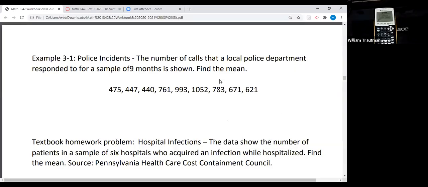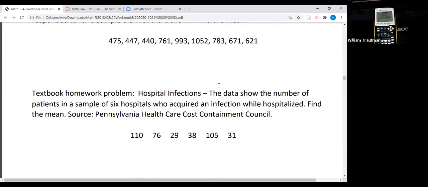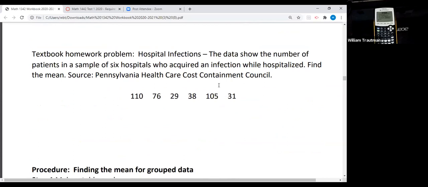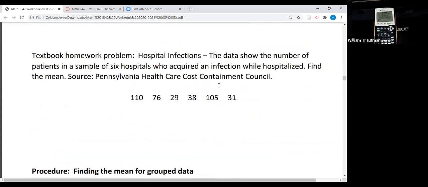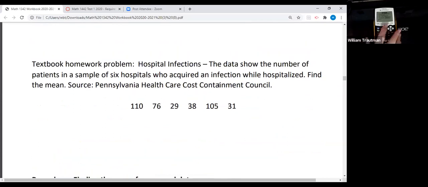So we'll probably do that a couple more times today. Here's one. Let's find the average of this. So we're going to do the same thing. 110, 76, 29, 38, 105, 1 and 31. Add all that into L1.